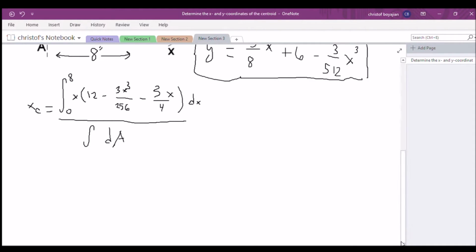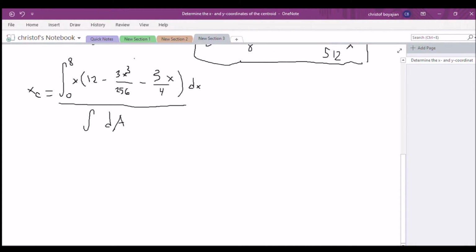All right, so let's go ahead and evaluate this. If I FOIL this x into all of these terms within the parentheses, and then integrate right here, we should get that the integral of this is 6x squared minus x to the 5th times 3 over 1280 minus x cubed over 4, evaluated from 0 to 8, over our dA.